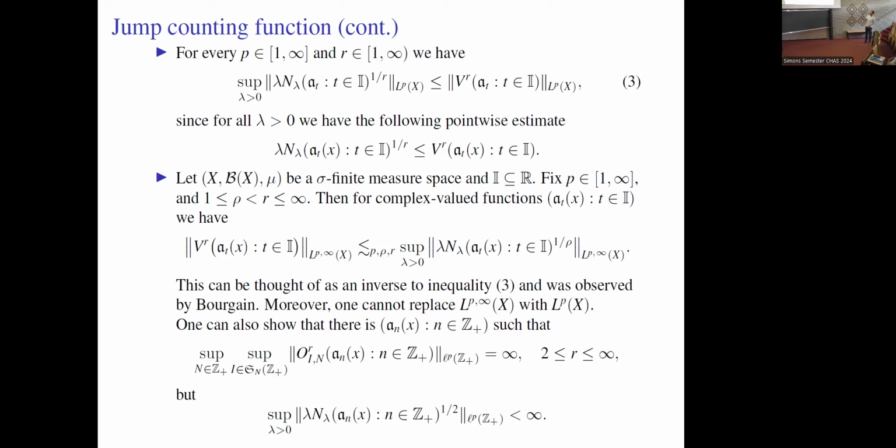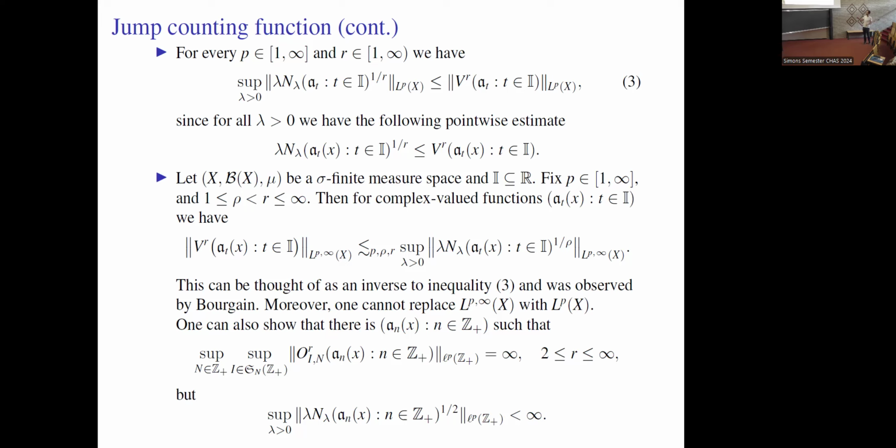All right, so as I mentioned, it's not possible to put strong type (p,p) here. And in fact, this is also true for r-variations. So it is not true that this estimate holds for r-variations if we put r-variations on the left-hand side. Formally we put something smaller, so we hope that it would work, but still it does not work.